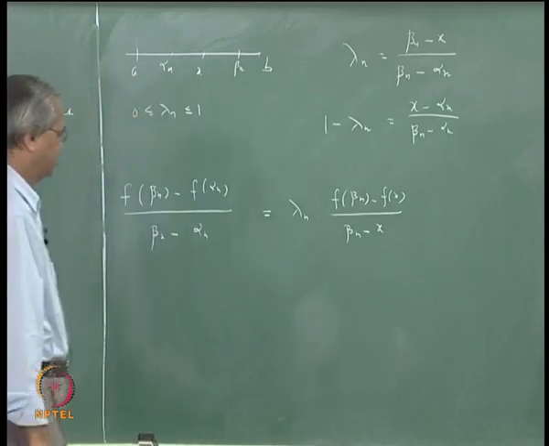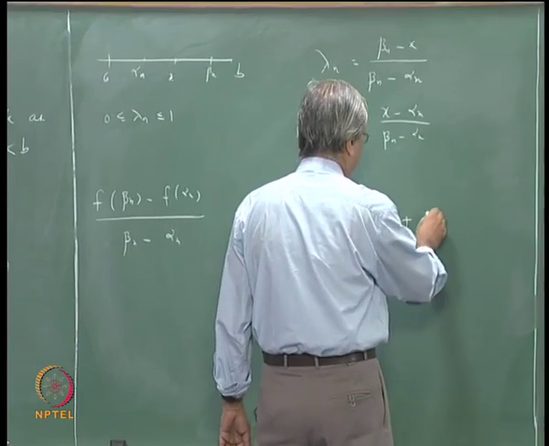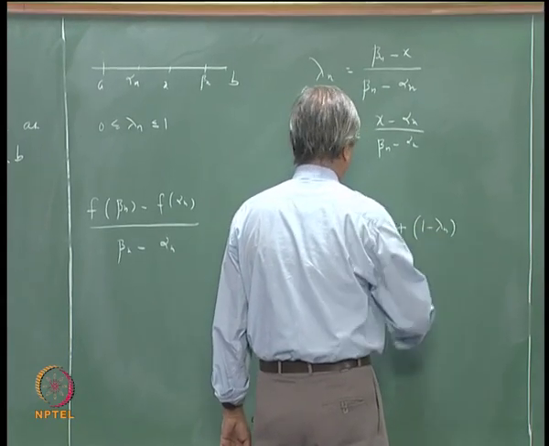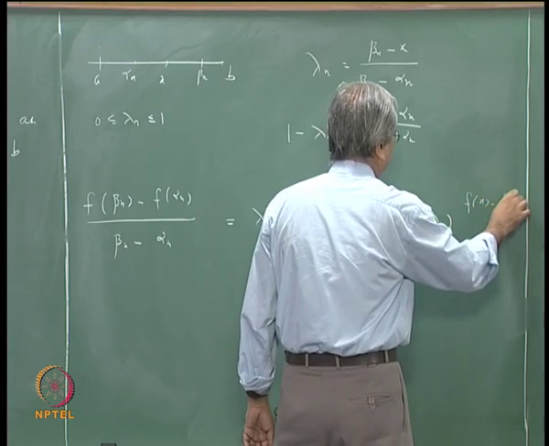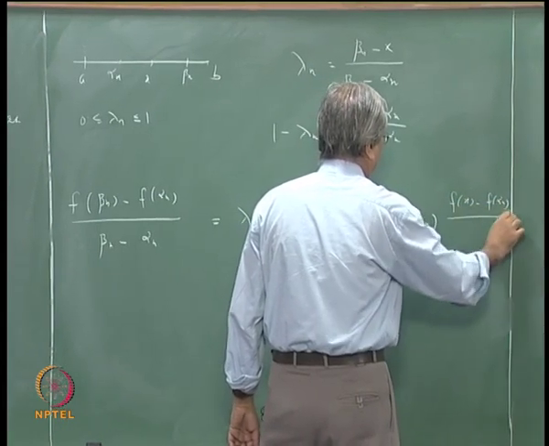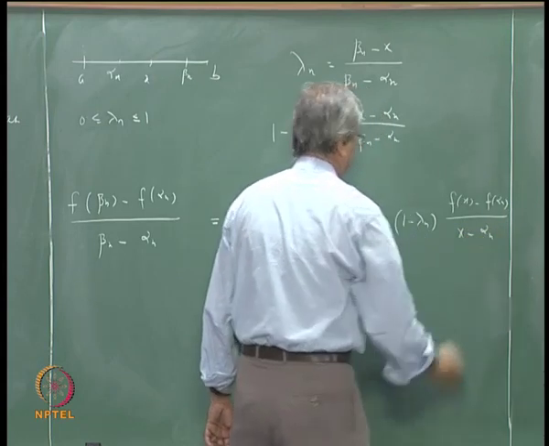In fact, this is the important step. And then plus (1 - lambda_n) into (f(x) - f(alpha_n)) divided by (x - alpha_n).